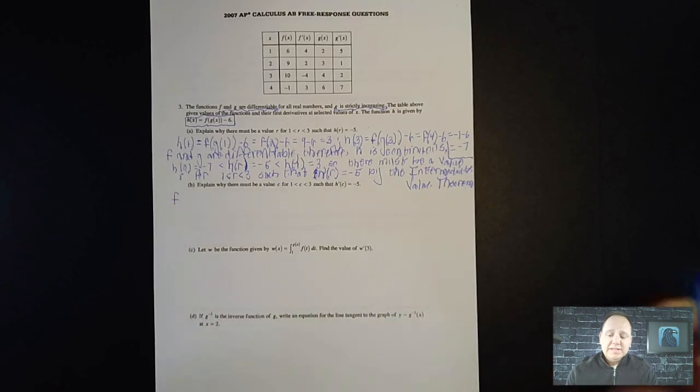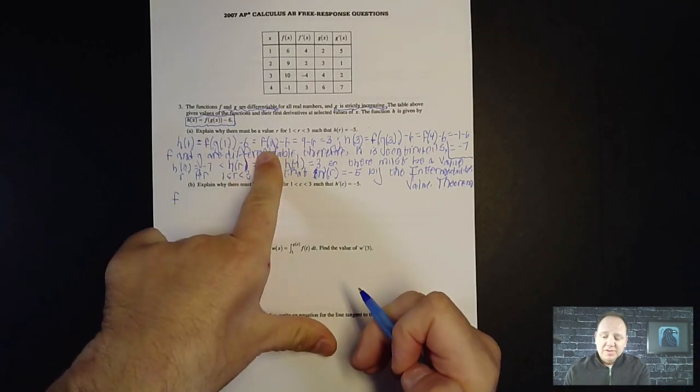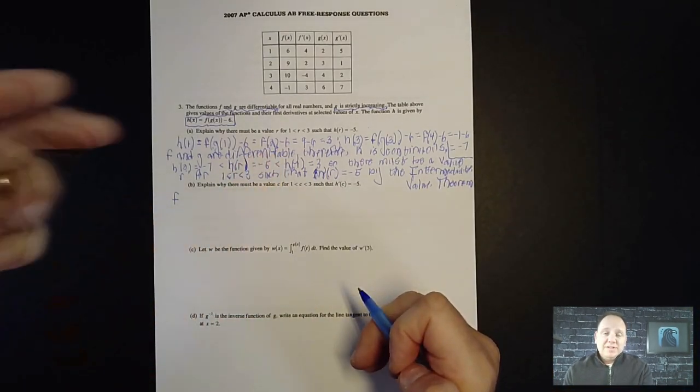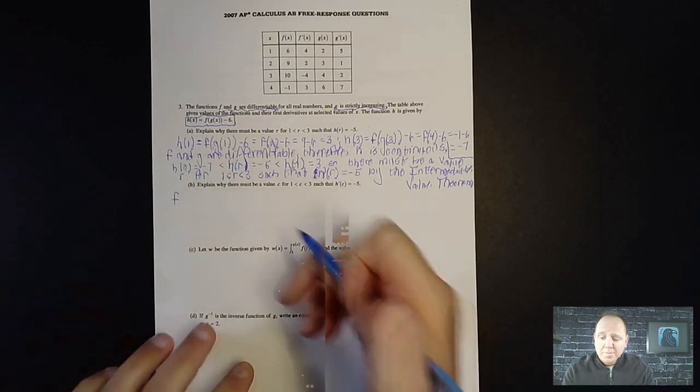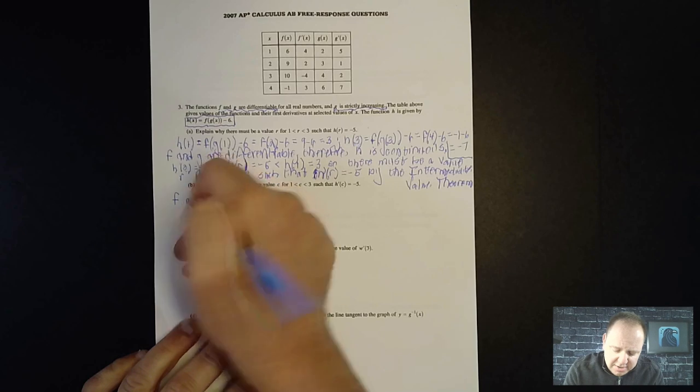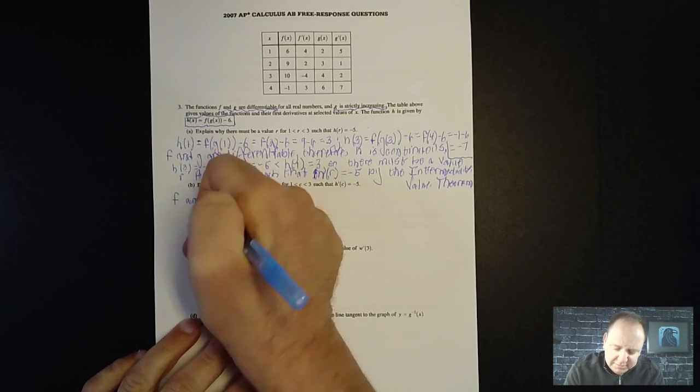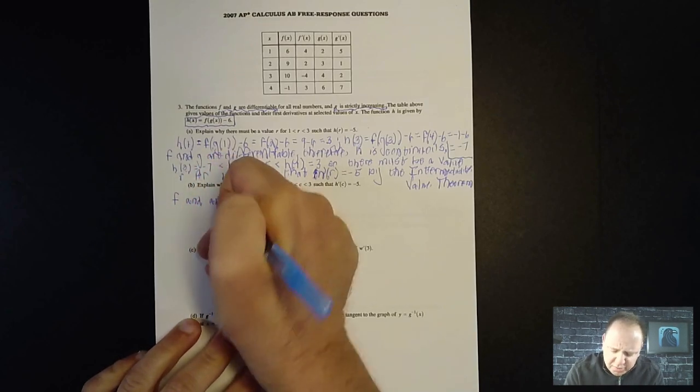With the mean value theorem, you got to take it one step further than the IVT. You not only have to talk about continuity, you also have to talk about differentiability. So f and g, use their words again, are differentiable.